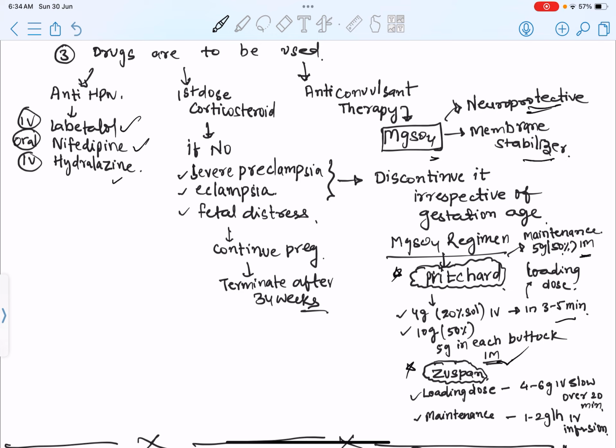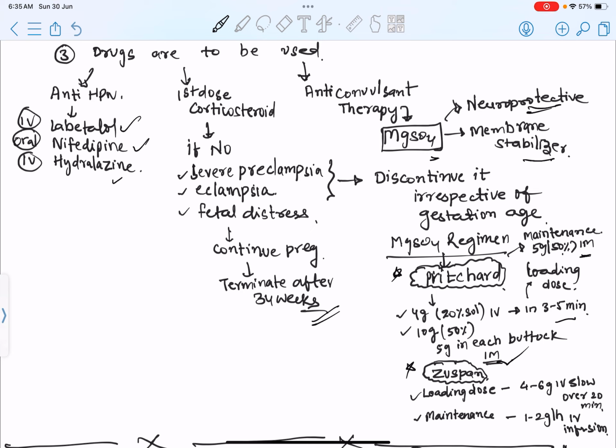Then first dose of corticosteroids is given first, and then if no severe preeclampsia, eclampsia, fetal distress, HELLP syndrome are present, then the pregnancy is continued and the full course of corticosteroids is completed, and then the pregnancy is terminated after 34 weeks.